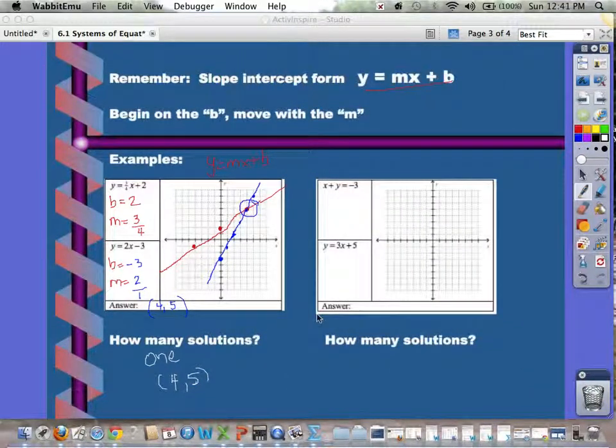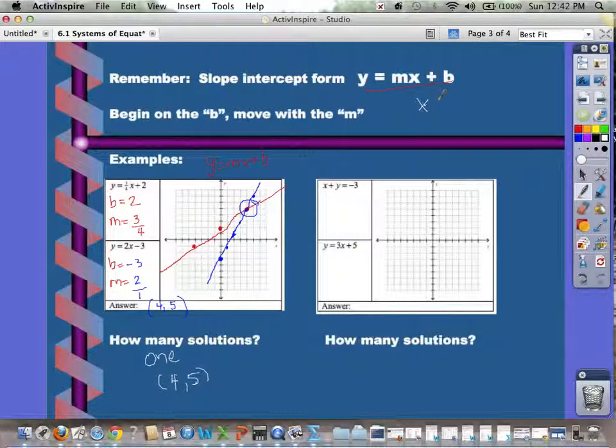Okay? All right, let's do the next problem. This one is not in y equals form, so guess what we must do first? Solve it for y. So I'm going to put it up here so you can see: x plus y equals negative 3. Remember, when we're solving for y, x has got to go first because it's alphabetical.